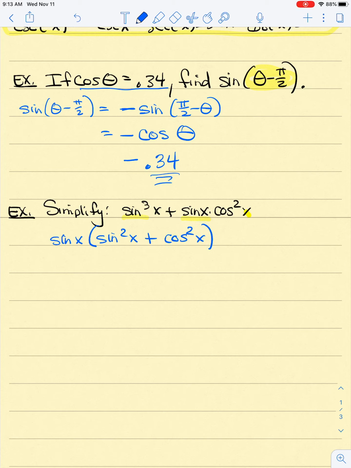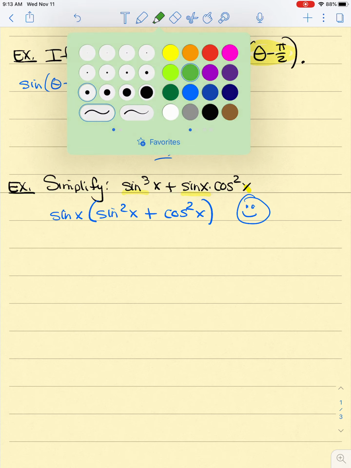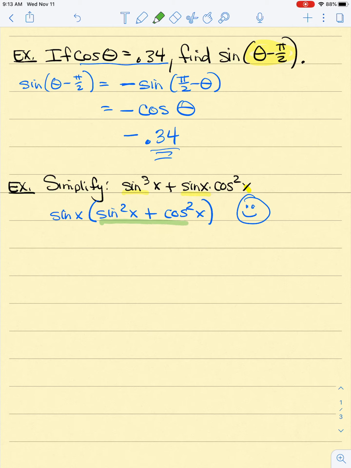And now, happy face, because in the back of your mind you say, oh, I remember in the other video and on my trig sheet, sine squared x plus cosine squared x. What's that? It's 1. So it's sine x times just 1. Your simplified answer is just sine x, and you're all done.